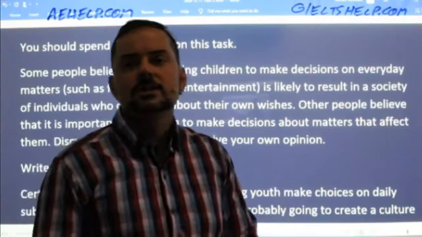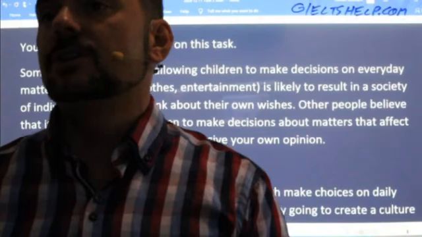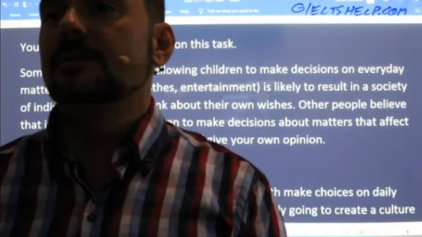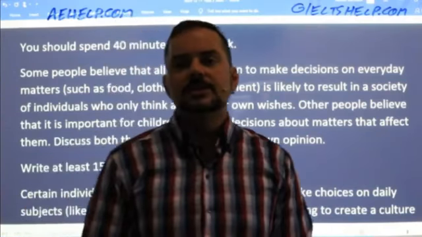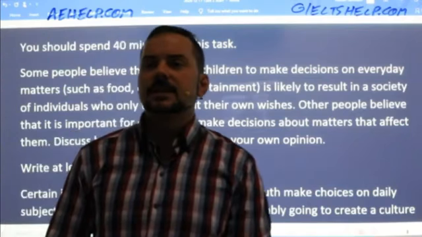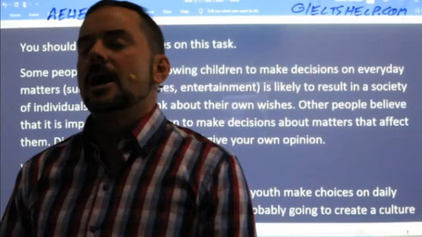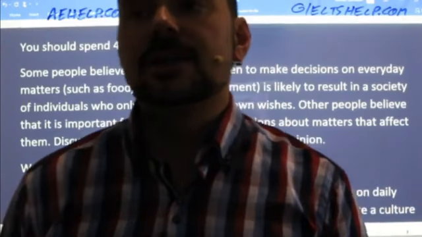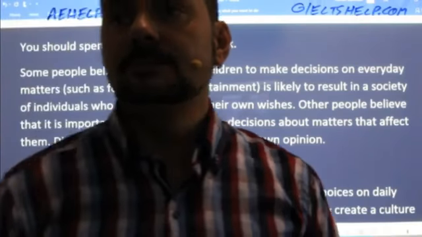So what's the topic? So Maksud says whether children should be given the freedom of choice or not. Okay, I think that's more the controlling idea. Okay, Ois says it's about children's choices. Again, I think that's more a part of the controlling idea.